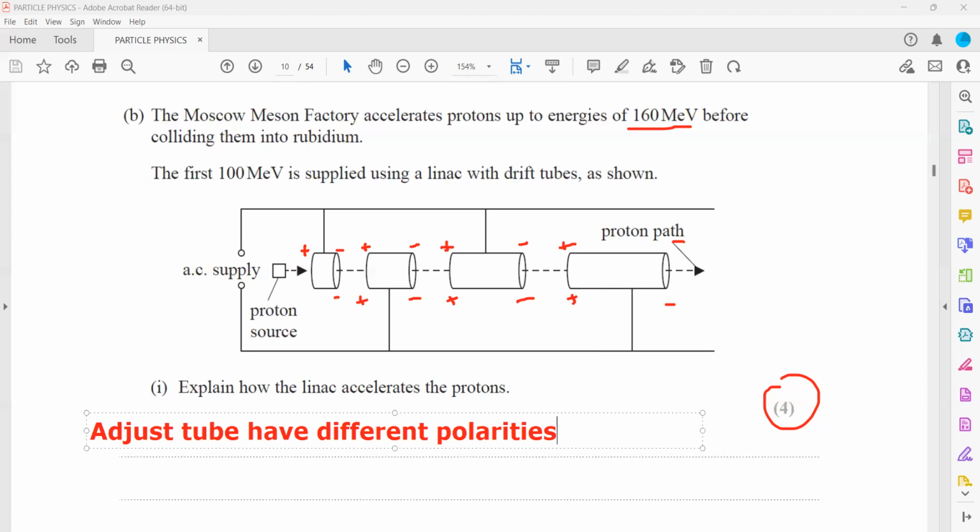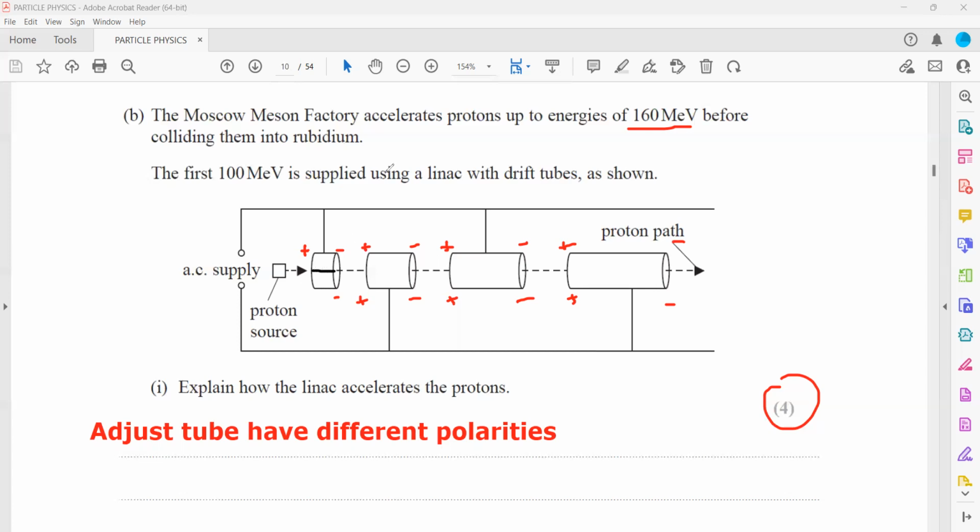Then there is an electric field between the tubes and there is also an electric field in the gaps. But this electric field between the tubes is responsible for accelerating. So when there's an electric field between the tubes, that causes a proton to accelerate or move. So when the proton is moving within the tube, it's not accelerating.